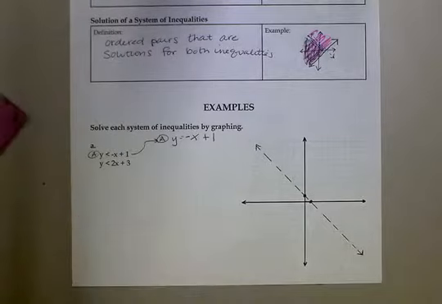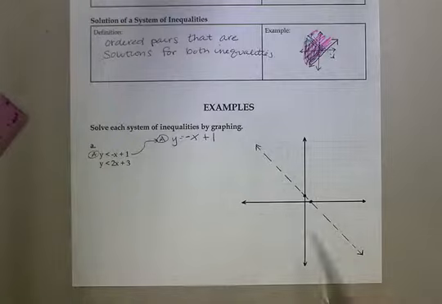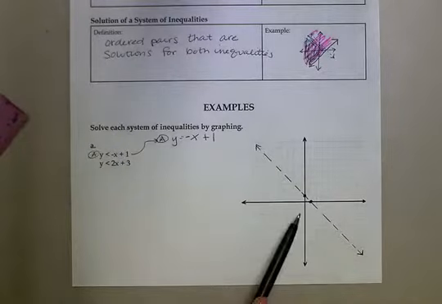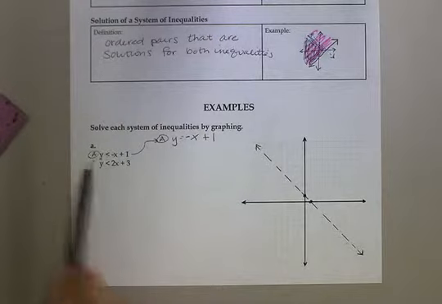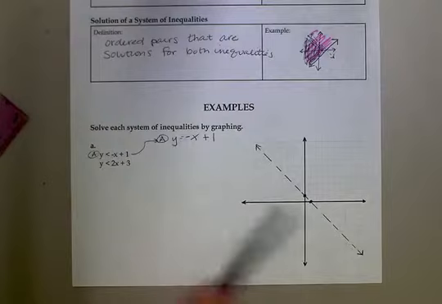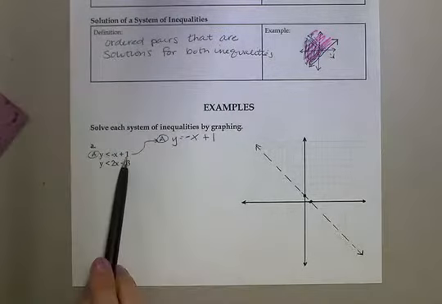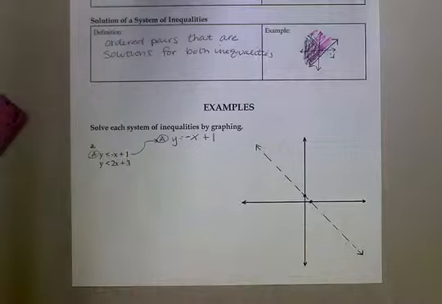All right, now to determine which side of the graph we need to shade, remember we have to pick a test point. And if we plug in our test point back into the original inequality and it gives us a true statement, we know we shade the same side of the coordinate plane as was on the test point. If we plug our test point in and get a statement that is untrue, we know we need to shade the opposite side on our coordinate plane.